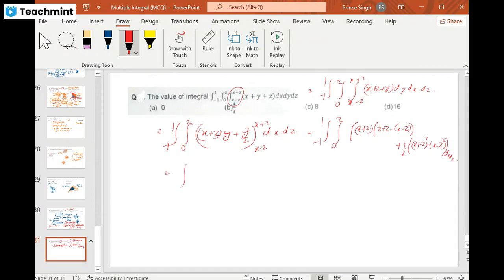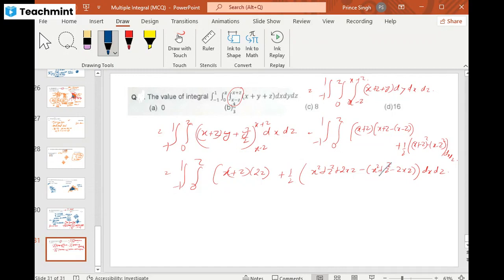So on solving this, this is minus 1 to 1, 0 to z, x plus z into 2z plus 1 by 2 times x square plus z square plus 2xz minus x square plus z square minus 2xz, dx dz. So here x square and z square cancel out.